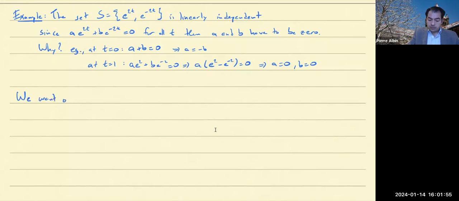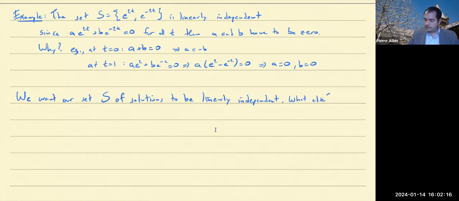We want our set S of solutions to be linearly independent, right? Just so that it's an efficient description of the solutions. What else?